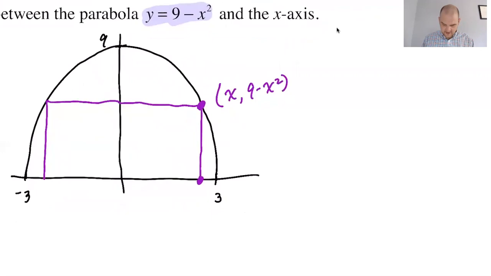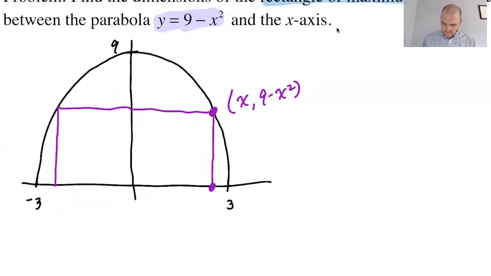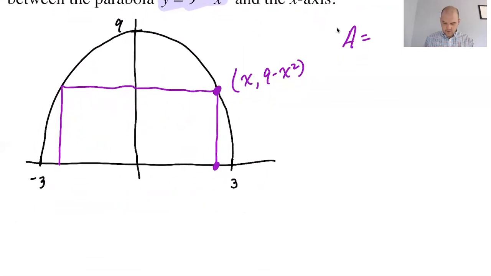So the area as a function of x is going to be the base times height. But what's the base? If this distance is x, then the entire base is 2 of those by symmetry.